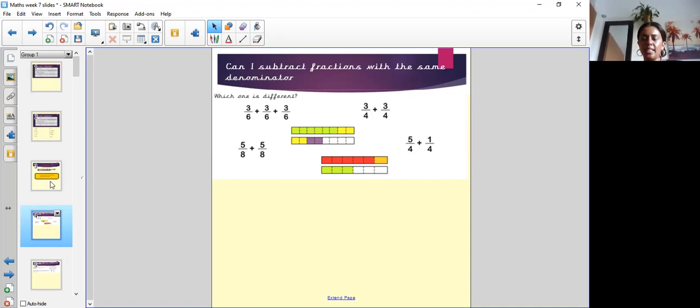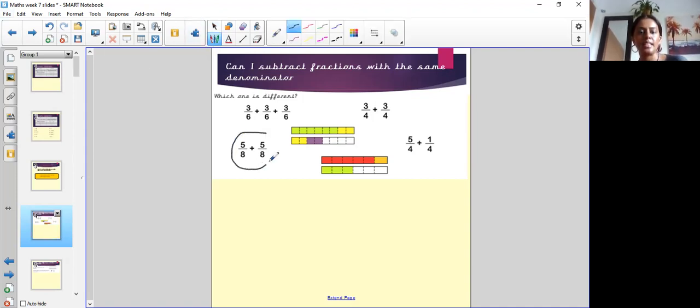Okay, you might have figured it out that the one that's different is 5/8 add 5/8. Now, the reason this one is different is because when you add all of the others together, so 3/6 plus 3/6, 3/4 plus 3/4, you always get a mixed number and you will get 1 whole and a half.